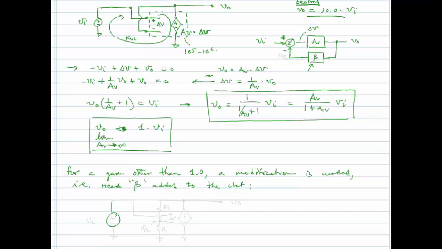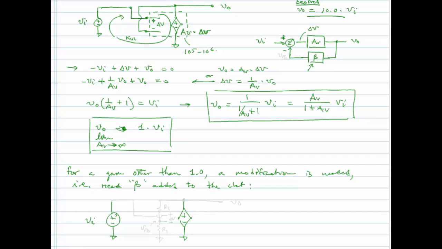So how can we do that? Well, I know how to, if beta is less than 1, right, so between 0 and 1, I know what kind of network will give me a voltage out that is a fraction of the voltage in. I just need a voltage divider. So that's what we will do here.